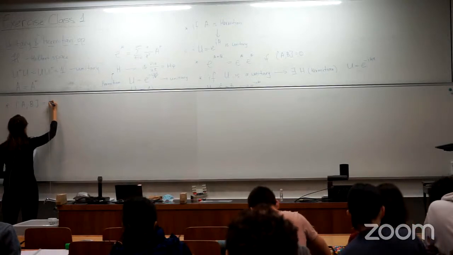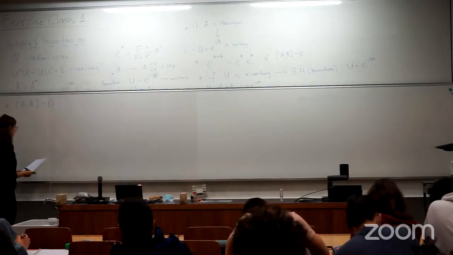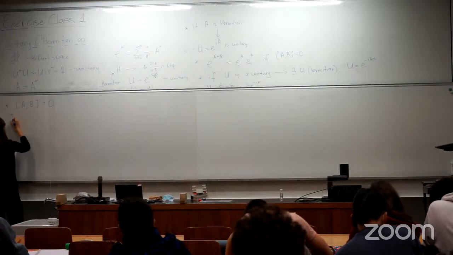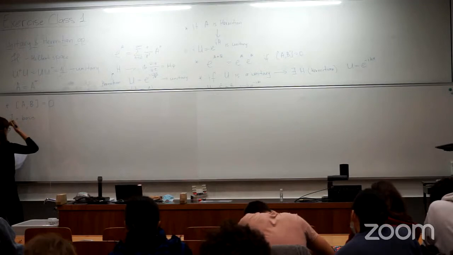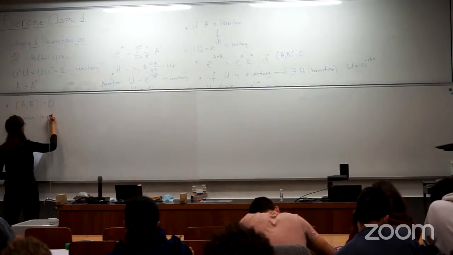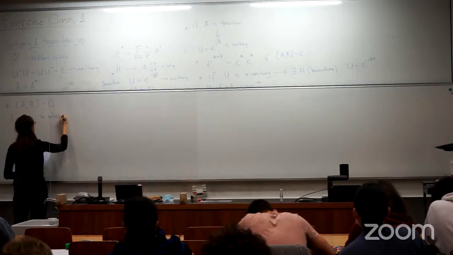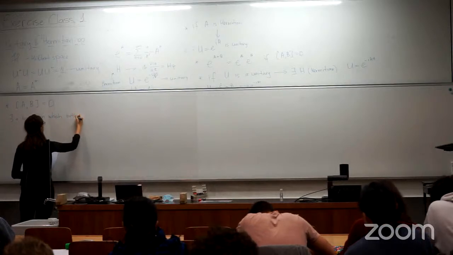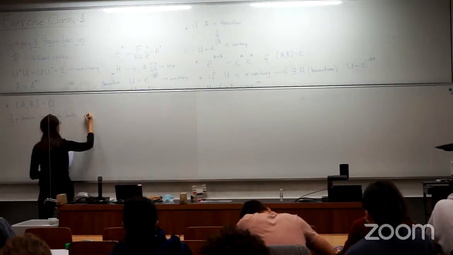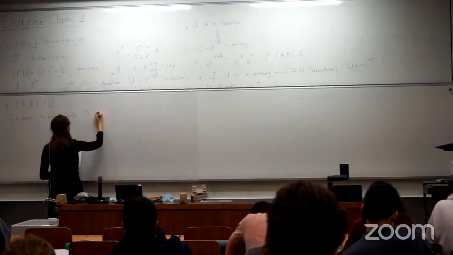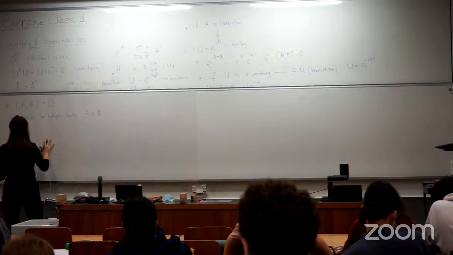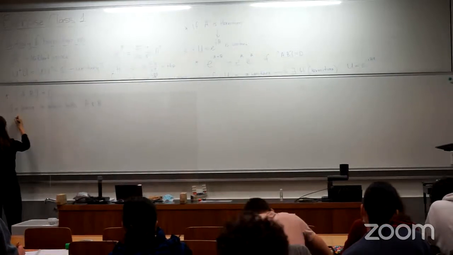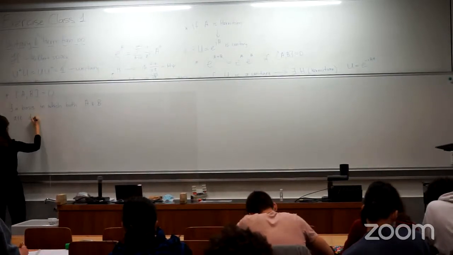And if they commute, then there exists a basis in which both of these operators, A and B, are diagonal or block diagonal.